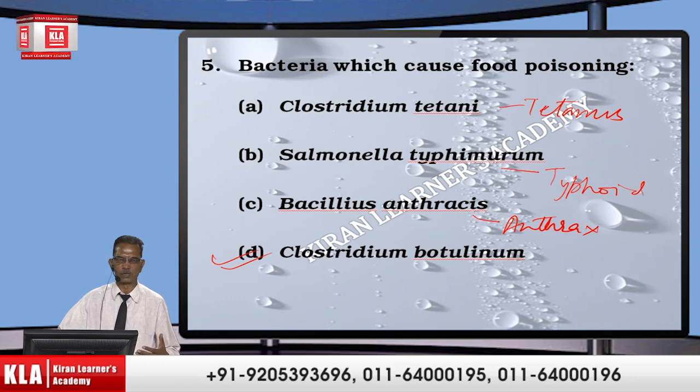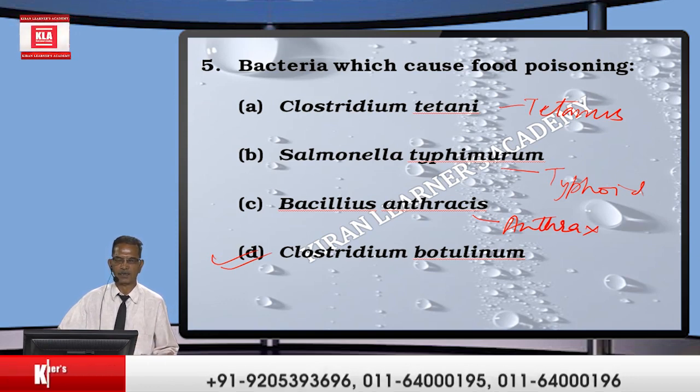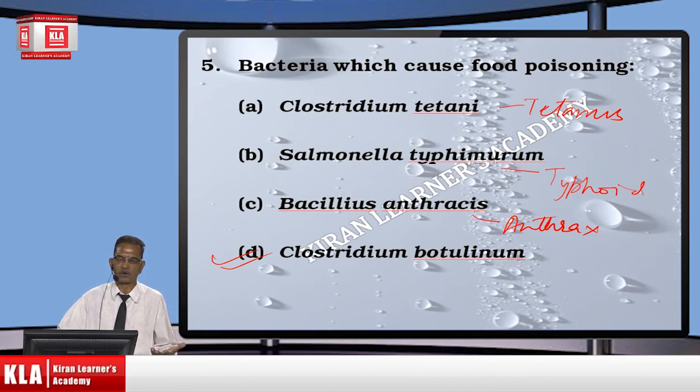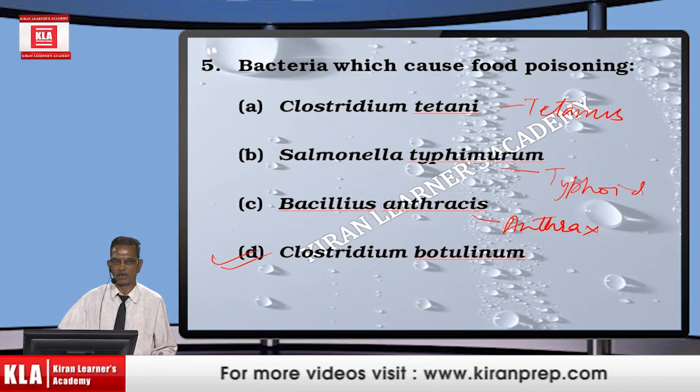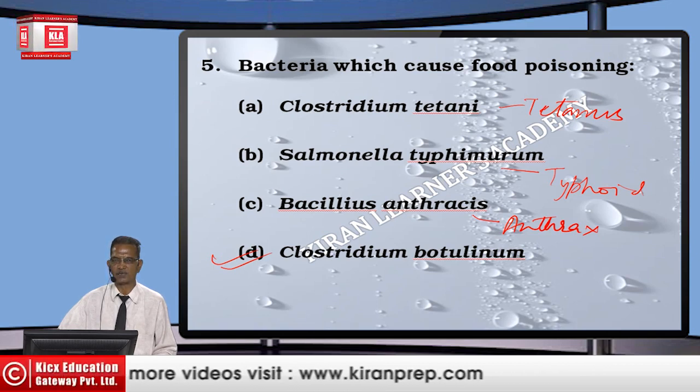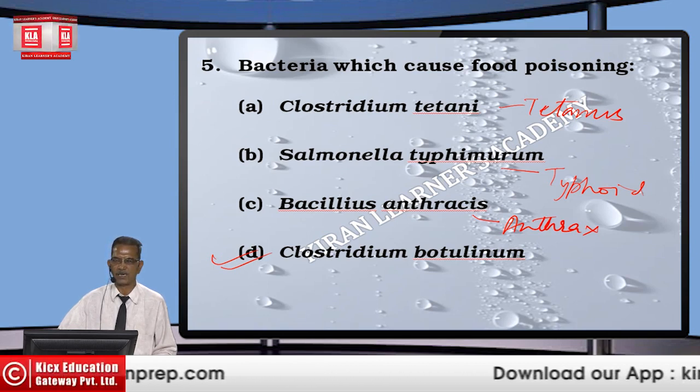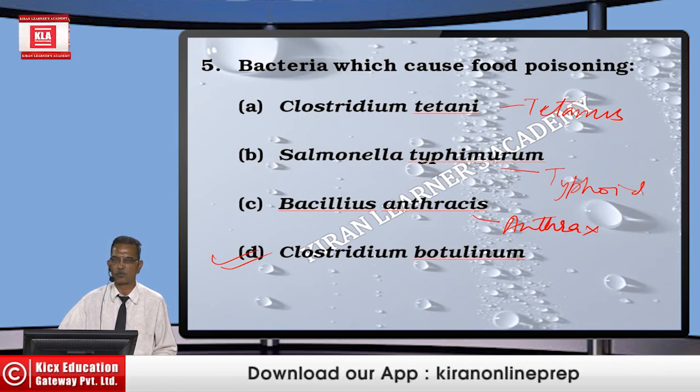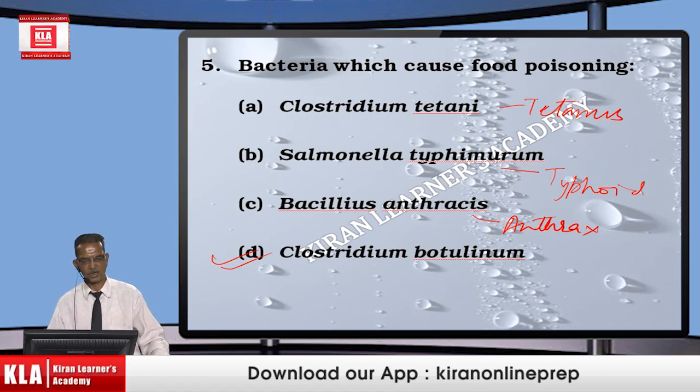When we eat that sort of stuff, we end up suffering from food poisoning, in which the person suffers from frequent visits to the washroom, vomiting, stomach ache, these sort of problems that the child or the person ends up suffering from. That is an indication of what we call food poisoning, and that is caused by Clostridium botulinum, the causative agent.